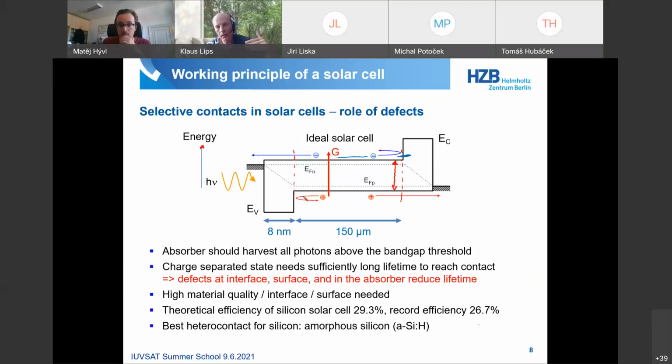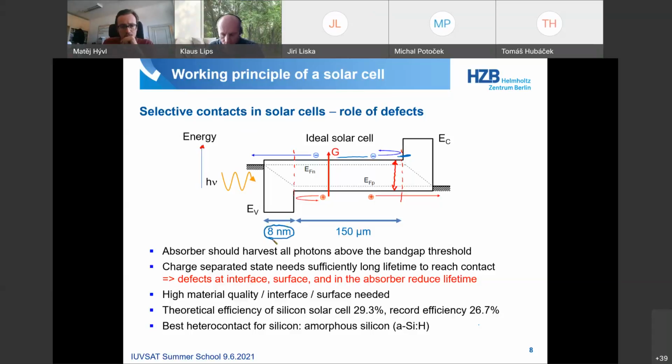The physical picture is then you have to describe the chemical energies inside the system. You do that by calculating the quasi-Fermi levels. Let's not go into those details. But in a typical, very modern silicon solar cell, the efficiency of those is almost 27%. These selective contacts are extremely thin, only 8 nanometers.